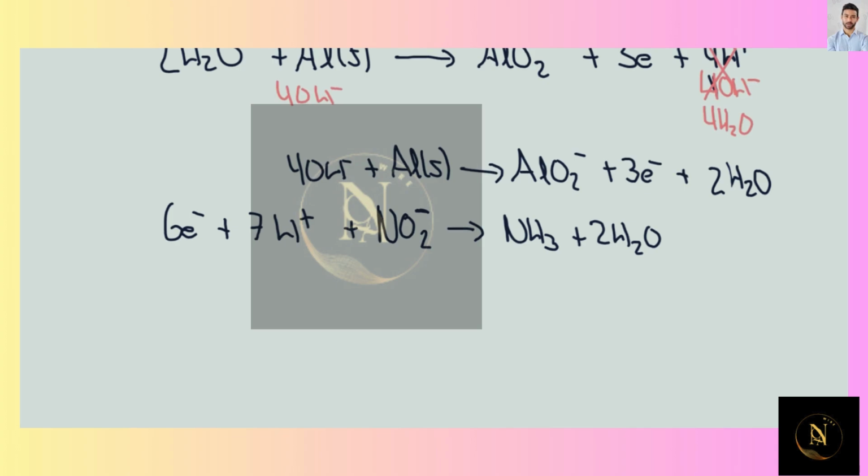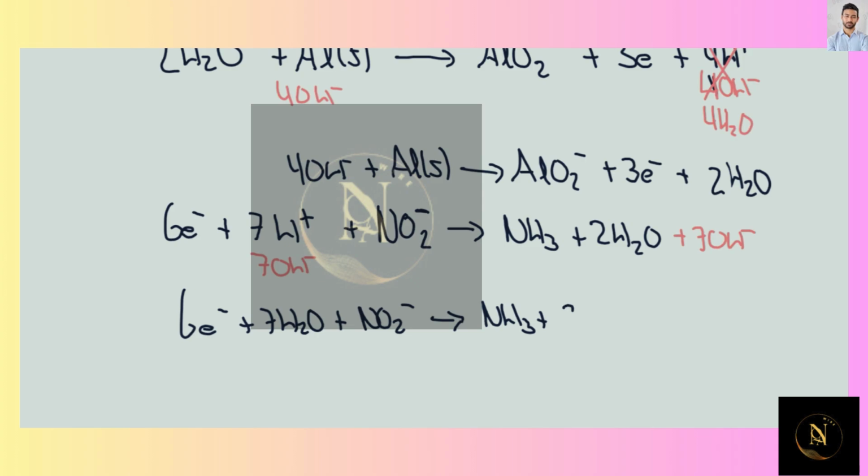So now, since we're in basic medium, we're going to add the same number of OH minus to both sides of my half reaction. So we're going to have 6 electrons plus 7 water molecules plus NO2 minus that is going to produce NH3 plus 2 water molecules plus 7 OH minus.